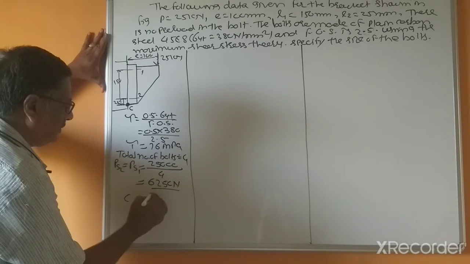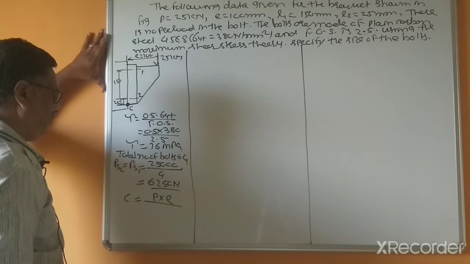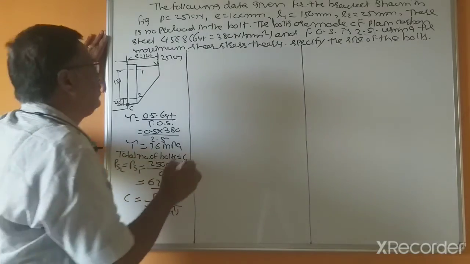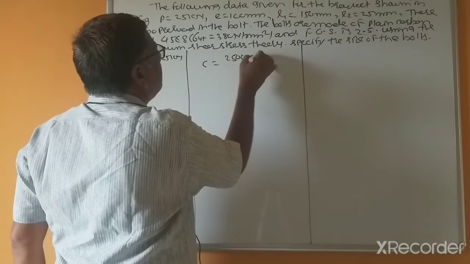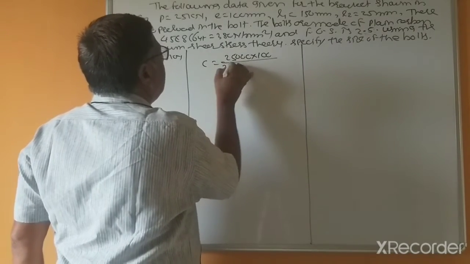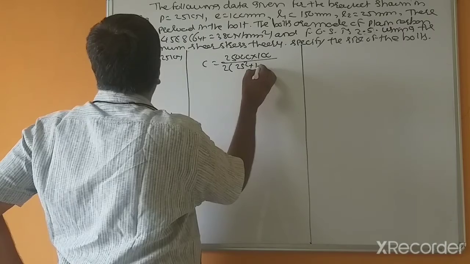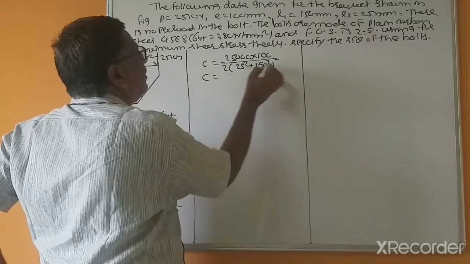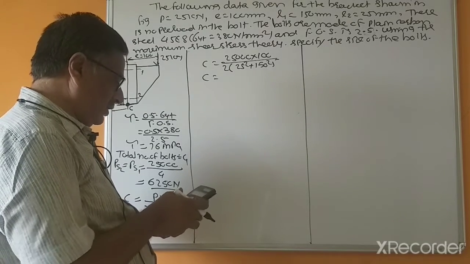So that's why value of C equal to P into E divided by 2 into L1 square plus L2 square, and C equal to 25,000 multiplied by 100 divided by 2 into 25 square plus 150 square, 25 square plus 100 square.